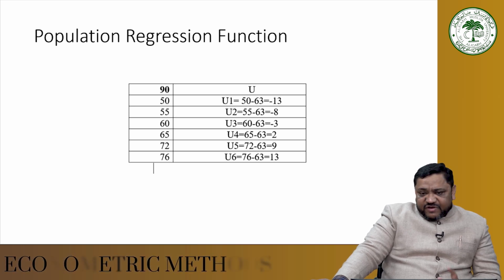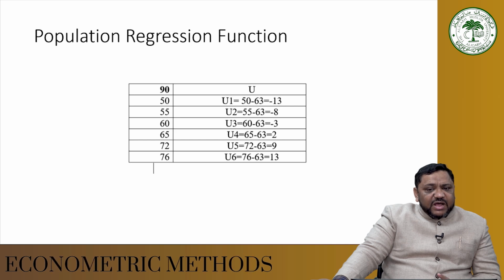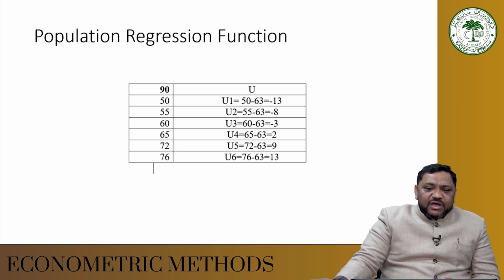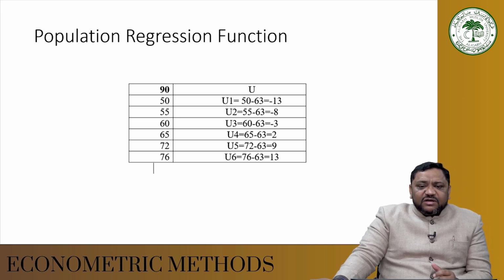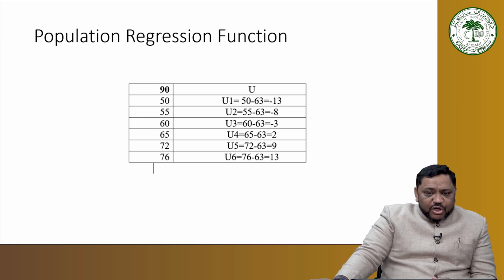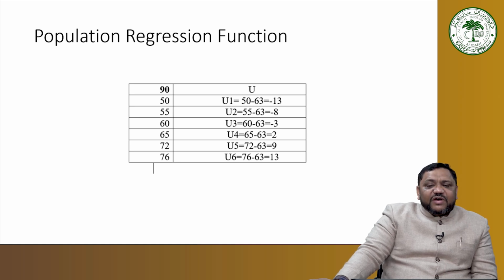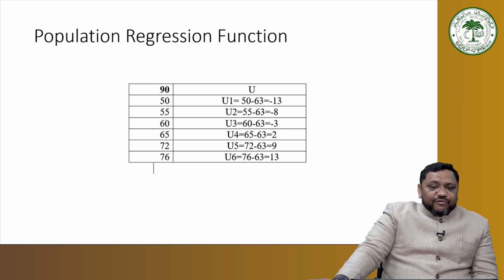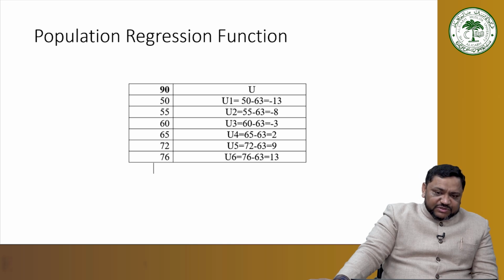So, we have a functional relationship between consumption and income by pre-assuming that other variables are acting in such a way that their net impact is 0. If the influence is 0, the population regression function shows the true relationship between consumption and income. So we fit the regression line in such a way that the net impact will be zero.